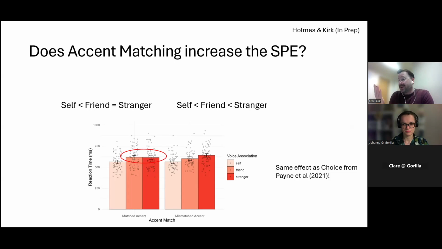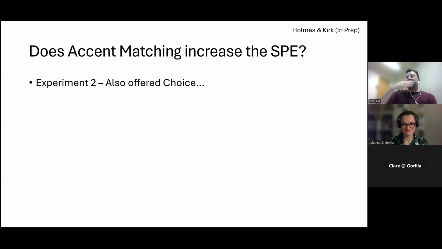So of course, my next question was, why not both? Let's see what happens when you do accent matching and you've offered out of the 3 voices that they're getting, they can pick the voice that they're going to get. Now, this starts to get quite complicated. So what I've done here is just measure the distance between the self voice and the friend voice. As I've shown before, the distance between them increases with greater prioritization. So essentially, bigger bars on this next graph are a sign of greater prioritization.